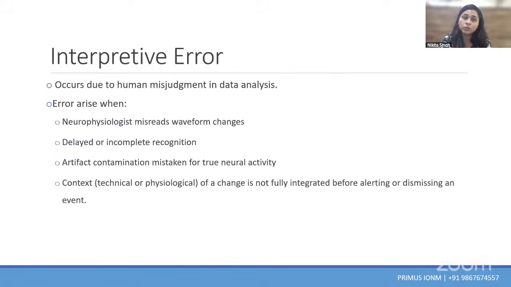Now let's move on to the third error, which is interpretive error. Interpretive errors occur mainly due to human error. The error arises when the neurophysiologist misreads waveform changes, or there is delayed or incomplete recognition, or artifact contamination is mistaken for true neural activity, and the context of technical and physiological changes is not fully integrated before alerting or dismissing the event.